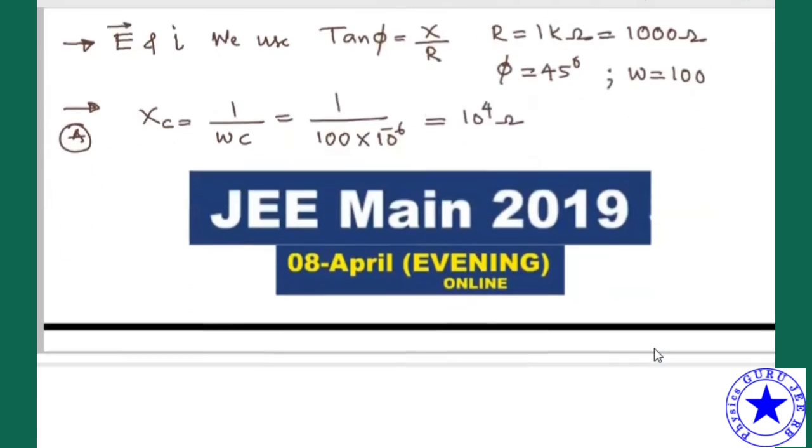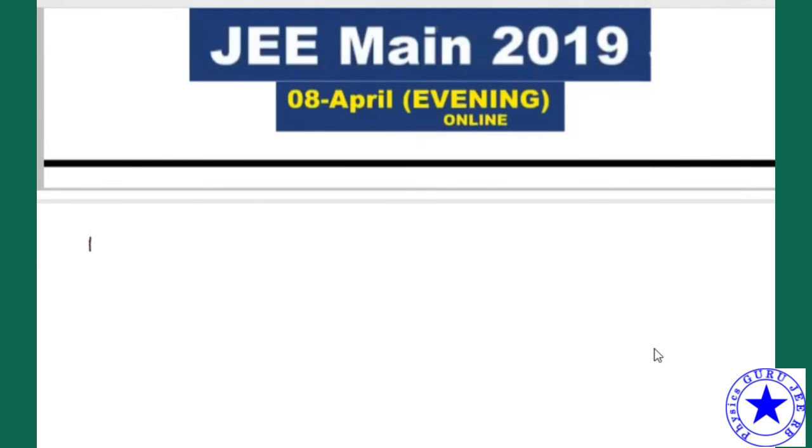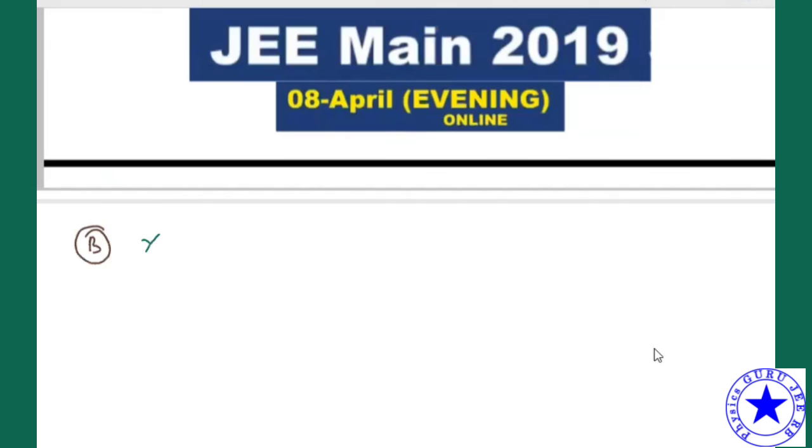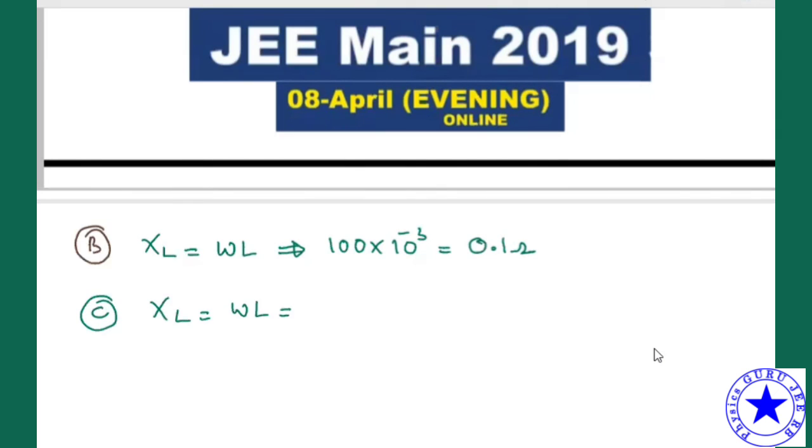Similarly, I'll calculate for option B. Let me take XL here. XL can be written as omega into L. Omega is 100 into L, where L is 10 to the power of minus 3, which is equal to 0.1 ohms. Similarly for C, XL is omega into L, which is 100 into 10 to the power of minus 2, equal to 1 ohm.